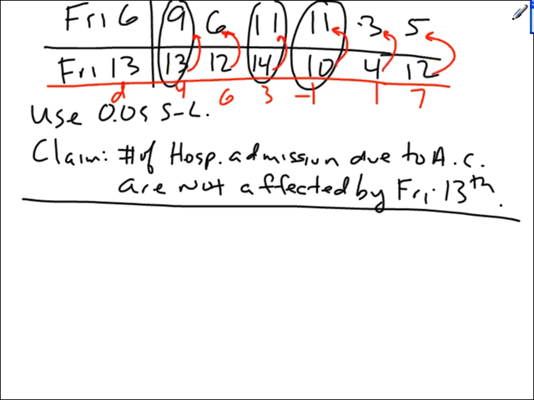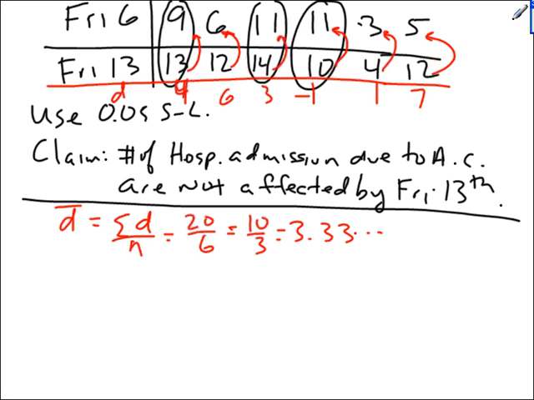Now, when it comes to finding the mean and the standard deviation, we're using these numbers in red on the bottom. D bar, the average: you add up all the D's and divide by N. You add up all the D's, you get 20. You divide by the 6 numbers, and that's 10 over 3, which is 3.33 forever.